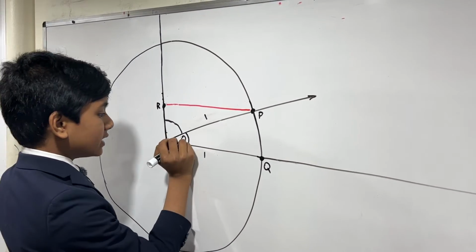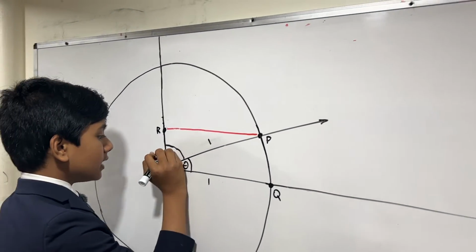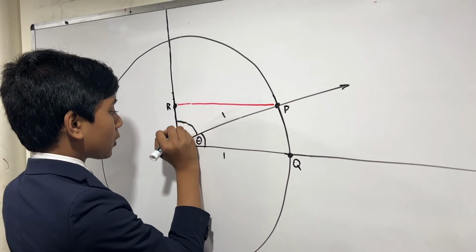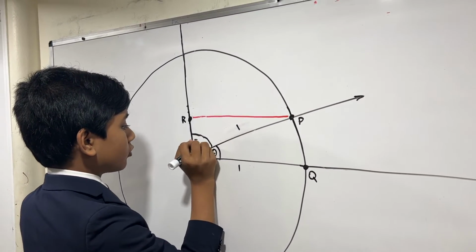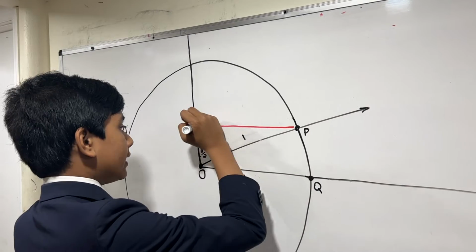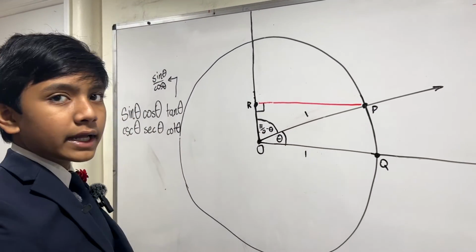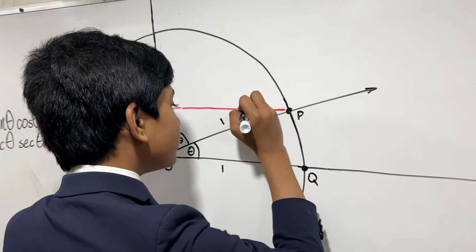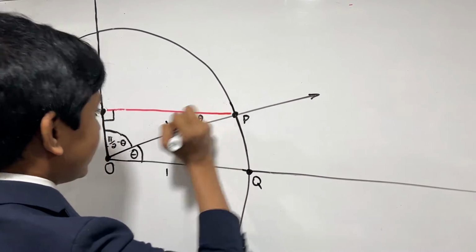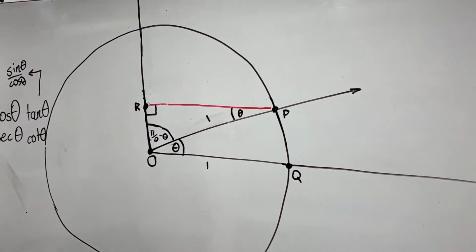So if this is theta, then this is 90 minus theta, or pi over 2 minus theta if you're a radians user. And since this is pi over 2 radians, that would make this exactly theta radians. So that's about that.